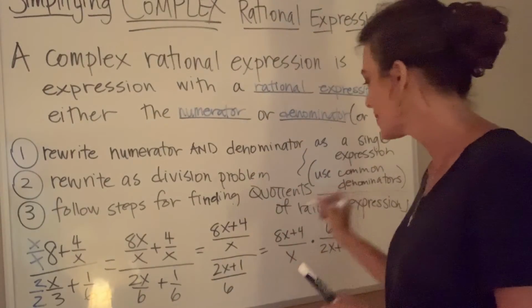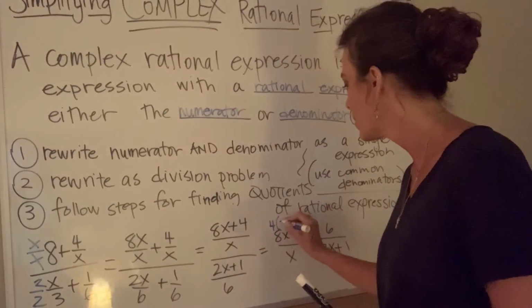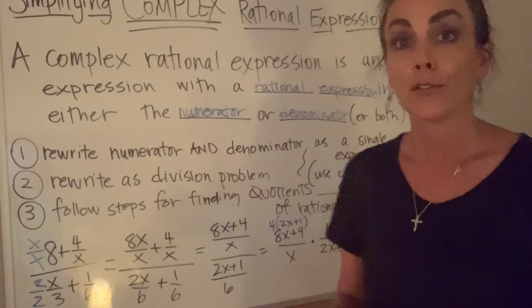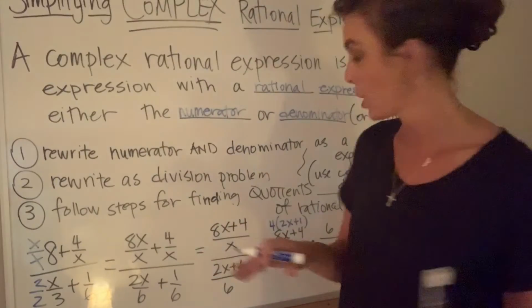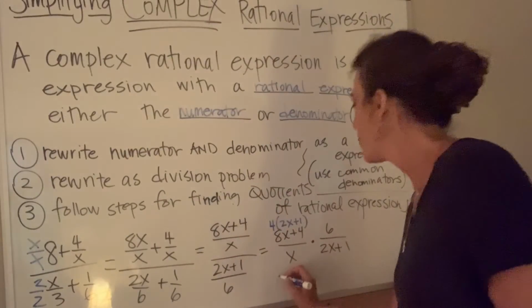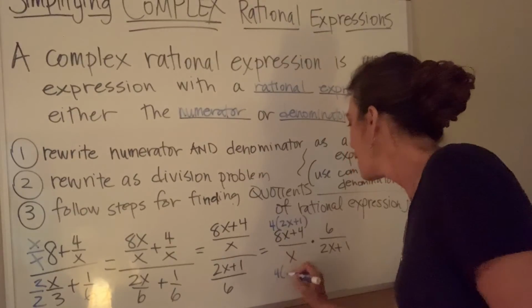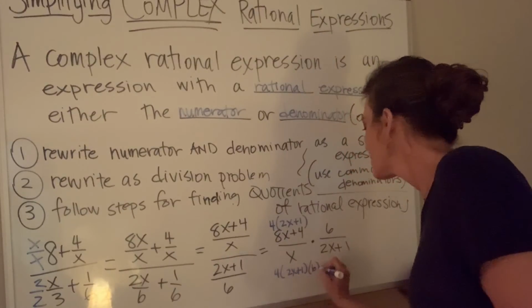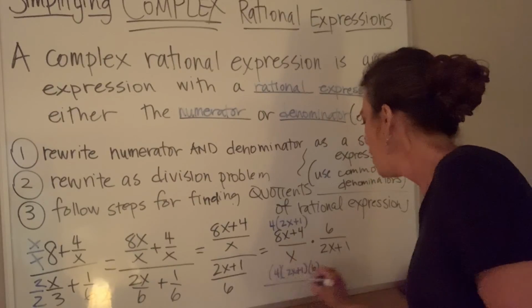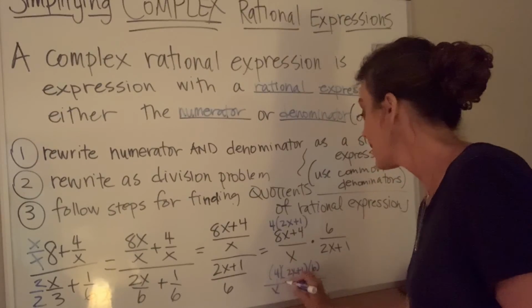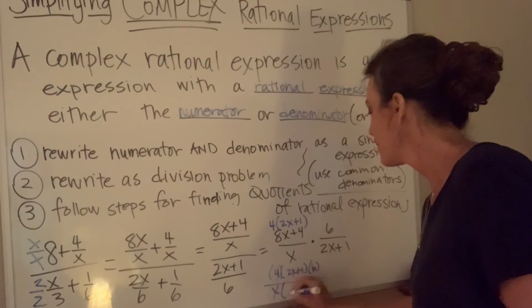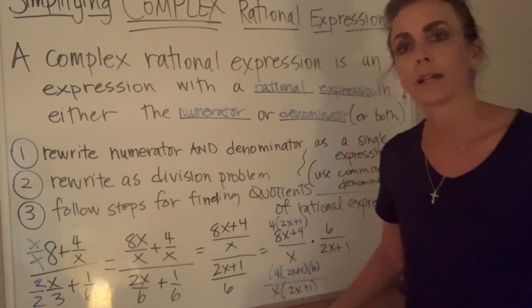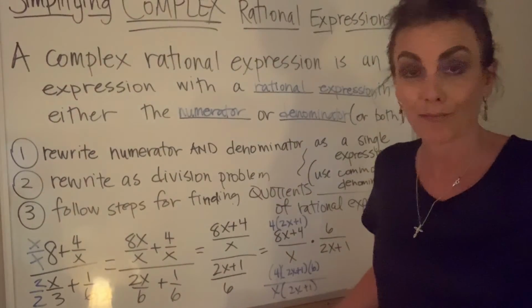So I can write this as 4 times 2x plus 1. All right, so now we can multiply straight across and we're going to end up with 4 times 2x plus 1 times 6 all over x times 2x plus 1.